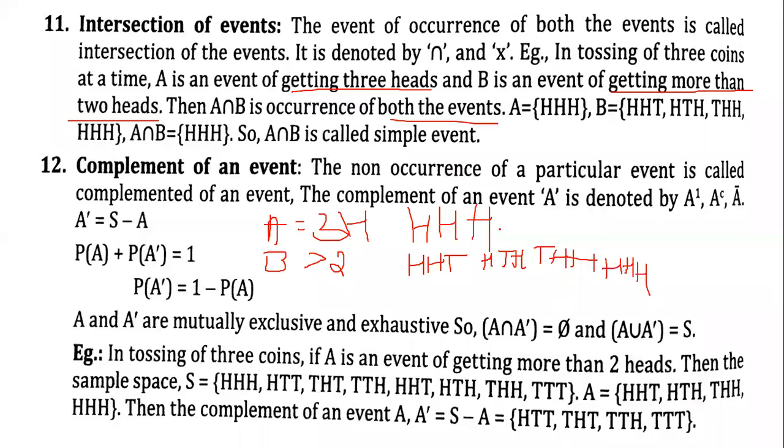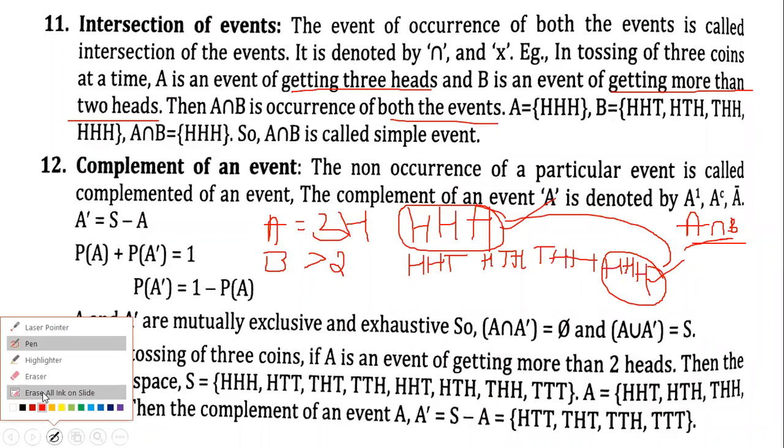Now in both of these, what is common? All the 3 being head is common. This is called A intersection B. What is common in both the events is called intersection. Okay, so that is the intersection of the events.